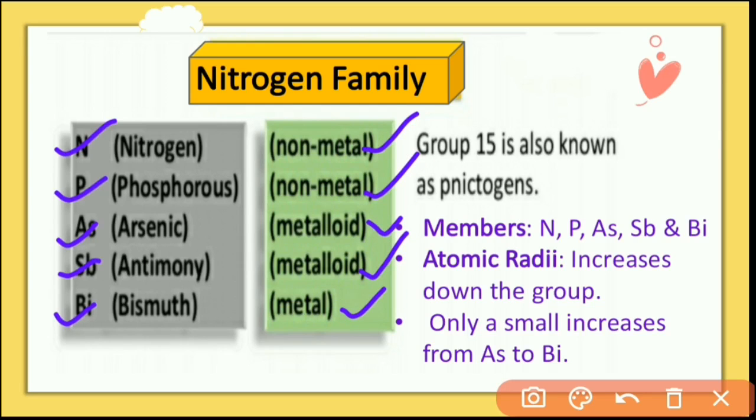So collectively group number 15 is called pnictogens. And then atomic radii. When we move down the group, atomic radii increase due to the increase in number of shells. Only a small increase from arsenic to bismuth, because of the presence of filled d and f orbitals.